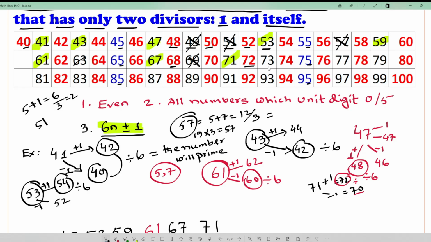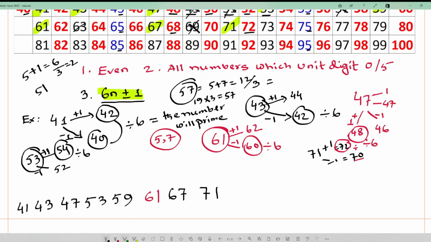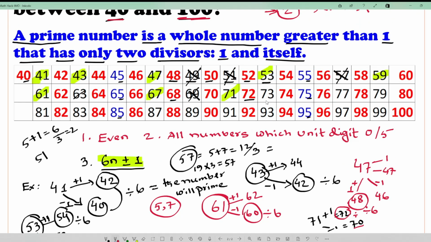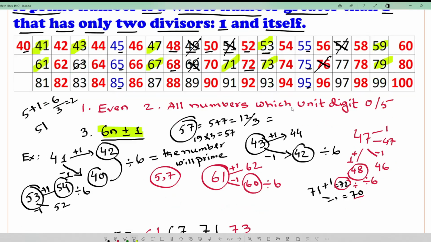73 also a prime number, right? 73 is a prime number, and then 73 can be marked. 74 is not a prime number, 75 not, 76 not, 77 is not a prime number, 79, 80, 79, yes, 79 is a prime number.